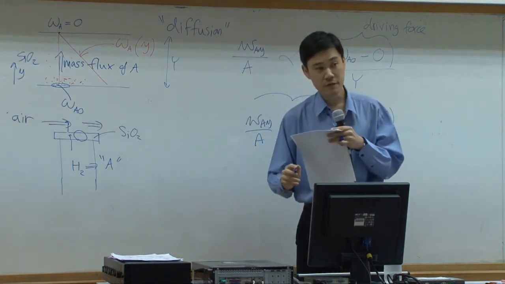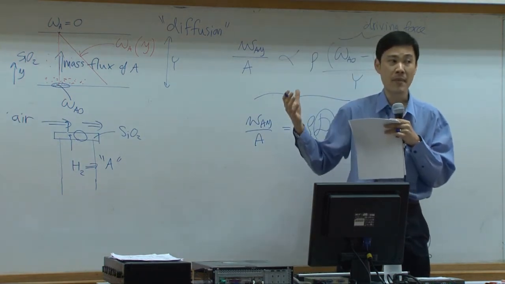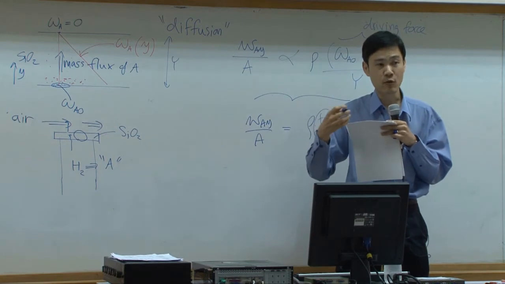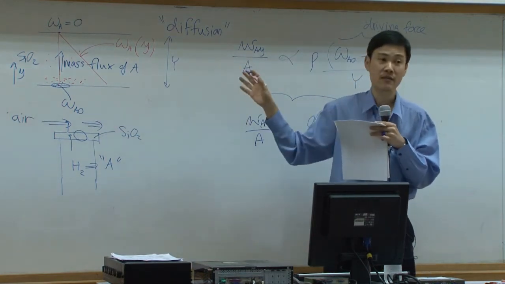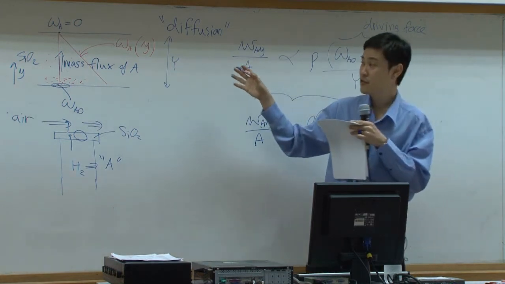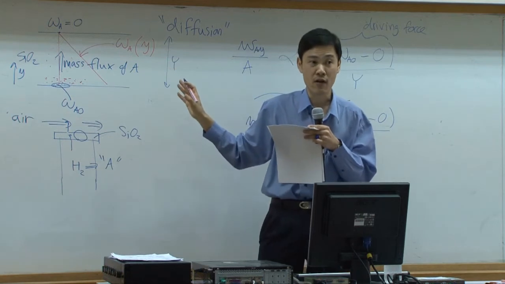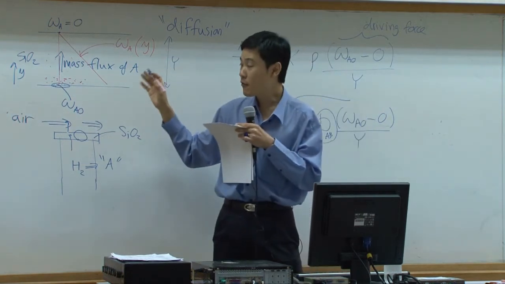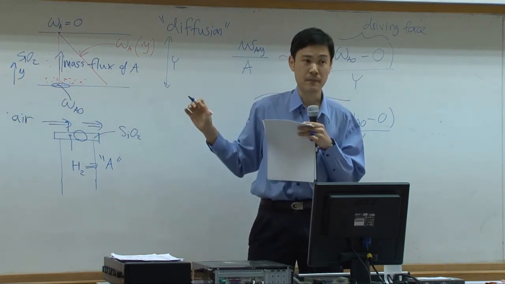So what is diffusion? Diffusion is phenomena where mass creeping or transfer through a media without them flowing, without flow. And you can see that within our system here, there is no flow at all. The movement of molecule takes place molecularly. Okay?